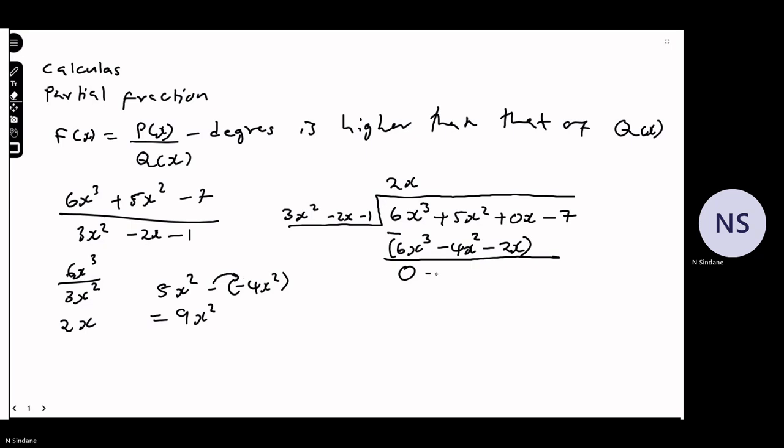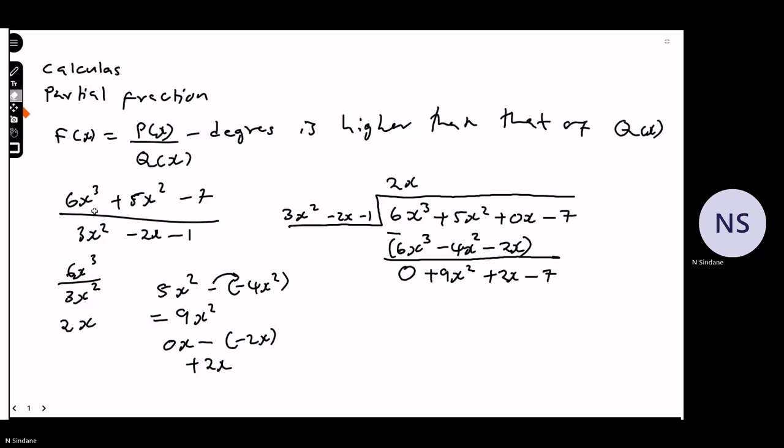This will be plus 9x squared. And then 0x minus negative 2x will give us a positive 2x. This will be plus 2x. I'm going to drag this guy down and put him here, which is still negative 7.